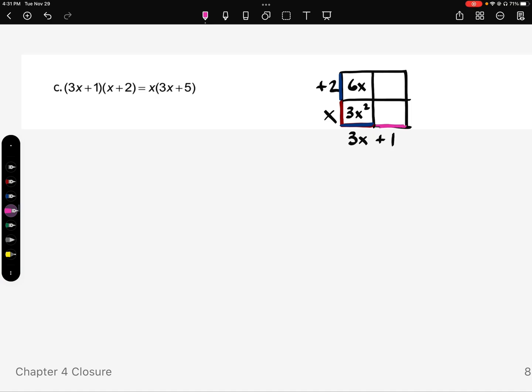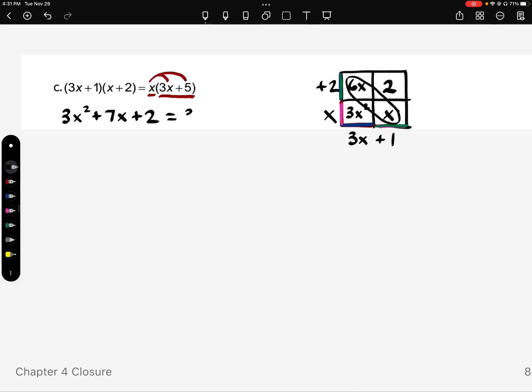Positive 1 times x is going to be a positive x. And then we've got positive 1 times positive 2 is going to give us a positive 2. And we'll combine the like terms and write it out. We have 3x squared plus 7x plus 2. And right now, that's going to equal, so we look at this side, it's just a monomial times a binomial, so we'll just distribute that through.